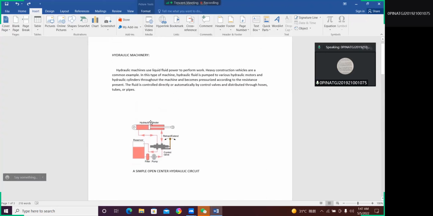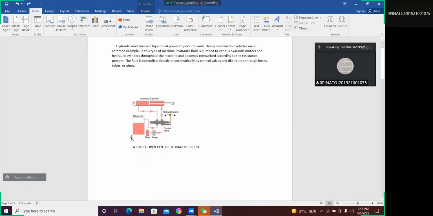You can see this one is the hydraulic cylinder, and this one is the reservoir. Hydraulic machines use liquid fluid power to perform work. Construction vehicles are a common example.